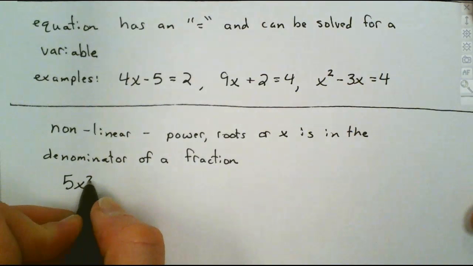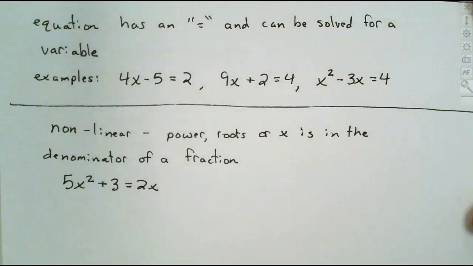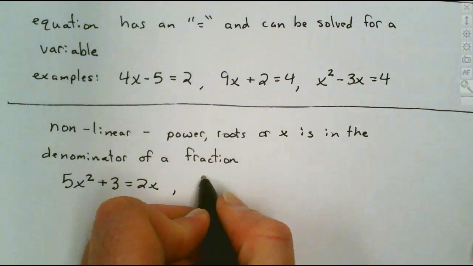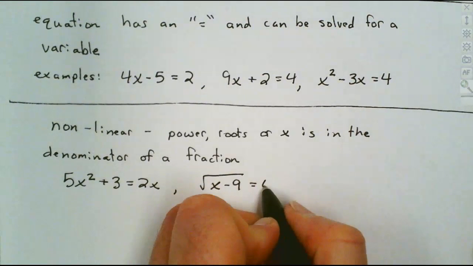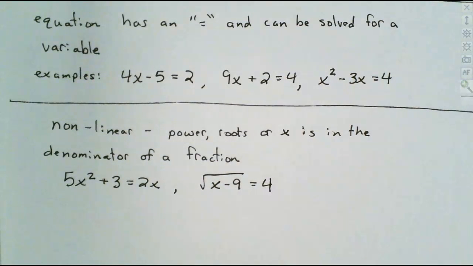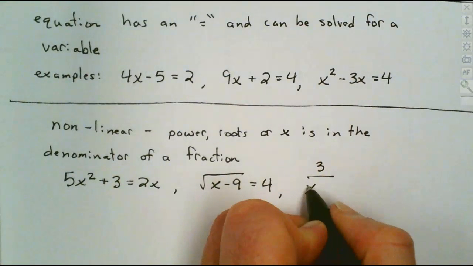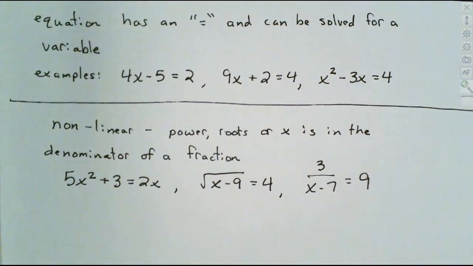So 5x squared plus 3 equals 2x. That's an example of a nonlinear equation. The square root of x minus 9 equals 4. That is nonlinear because of the square root. 3 over x minus 7 equals 9. That is also nonlinear because the x is in that denominator.